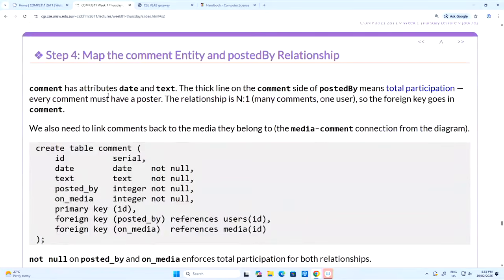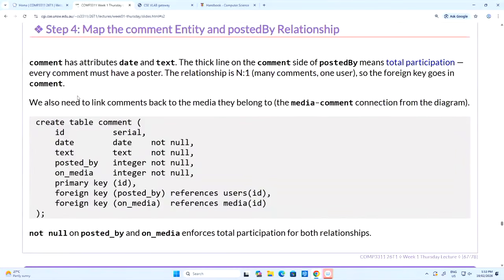And for relationships, for the comment relationship, because this is N-to-1, it makes sense for each comment to store who made this comment, instead of people storing every comment they made.